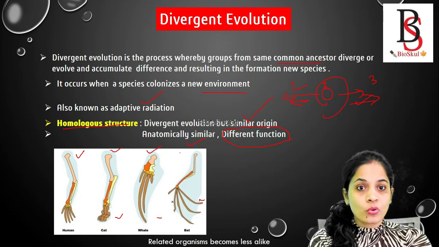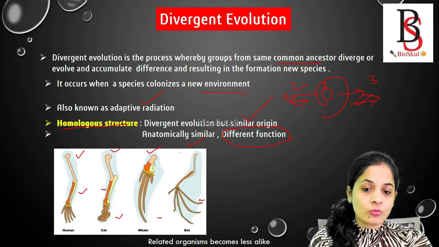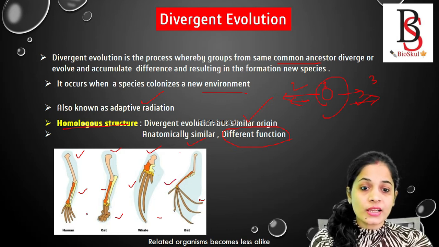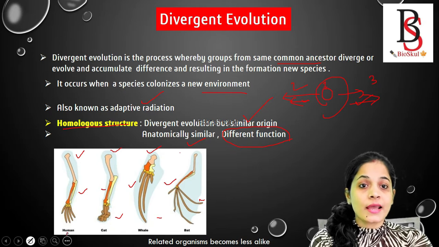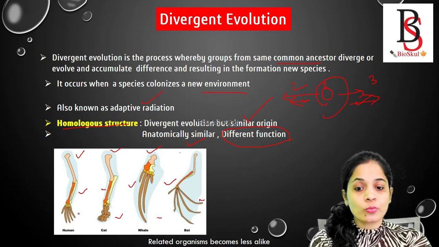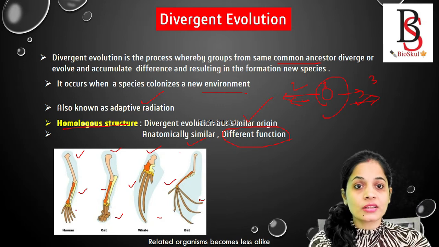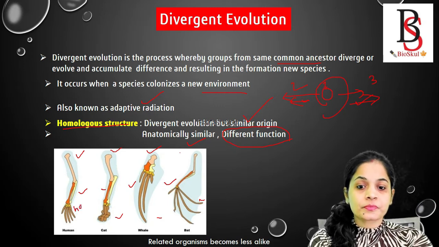All these 4 organisms have a similar origin, and anatomically the humerus bone of human, cat, flippers of whale and wings of bat are similar, but they have different functions. Like in human, it is helping in holding or grasping objects.